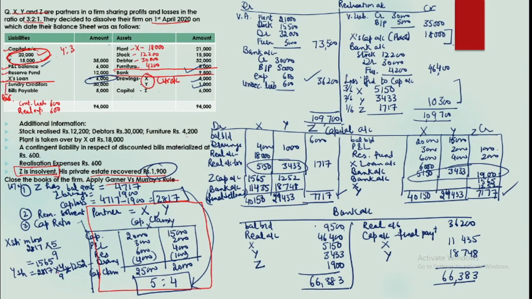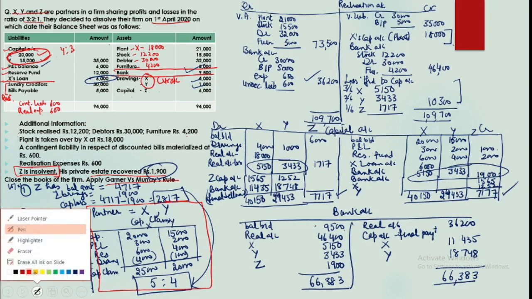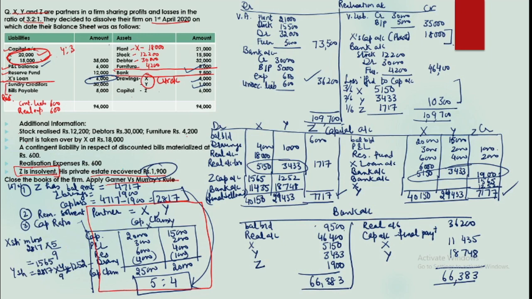Another thing can be, now suppose your question was not silent. Suppose your question was saying here, in place of this Garner versus Murray's ruling, that the partnership deed allows the insolvency loss to be shared equally, then we don't need to do anything further, because the question itself says to divide this loss equally.